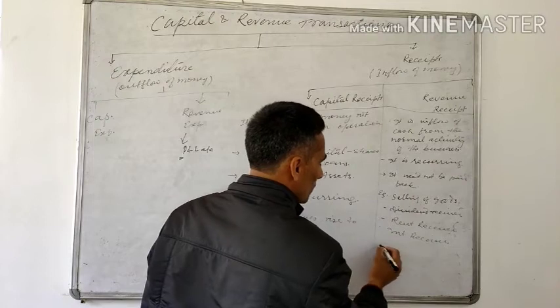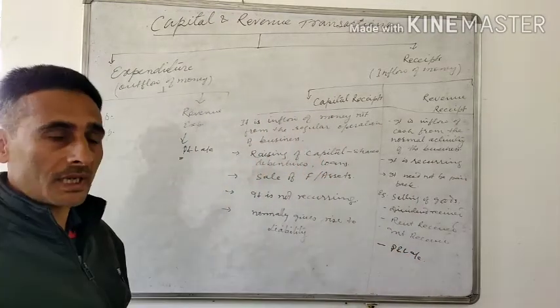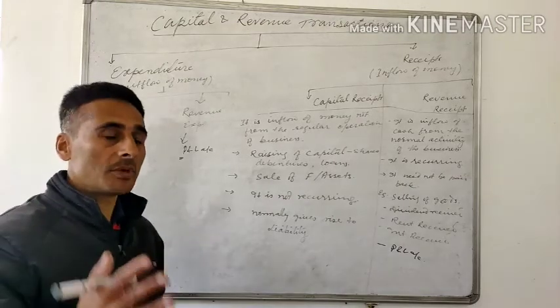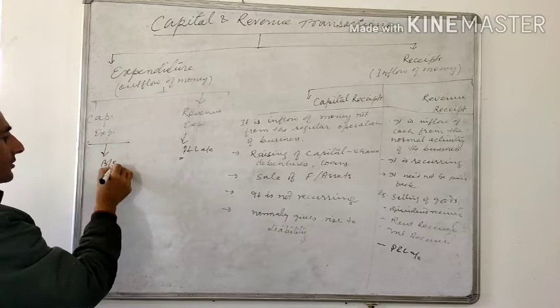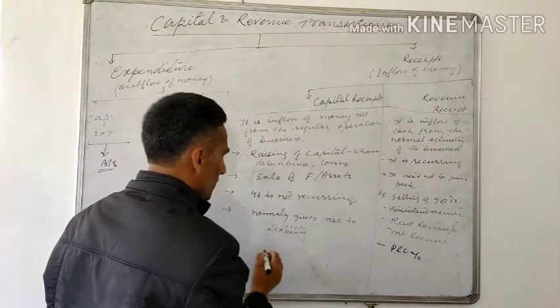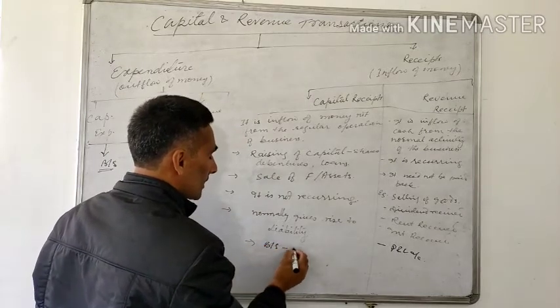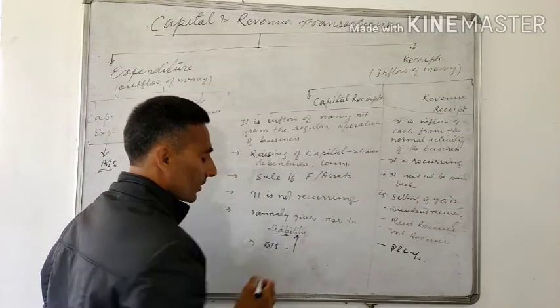Revenue receipt is also shown in the profit and loss account or statement of profit and loss, or you can say income statement. Capital expenditure is shown in the balance sheet as an asset. Capital receipt is also shown in the balance sheet as a liability, as I told you, right?